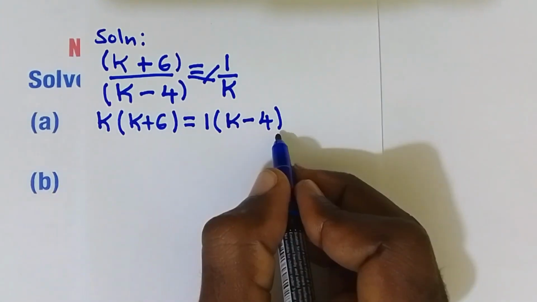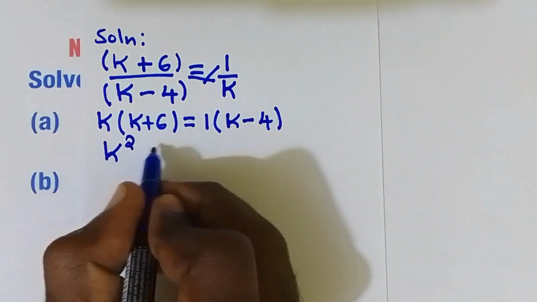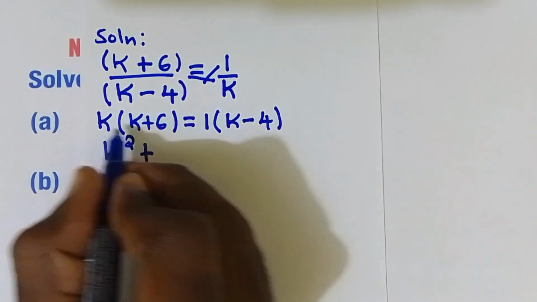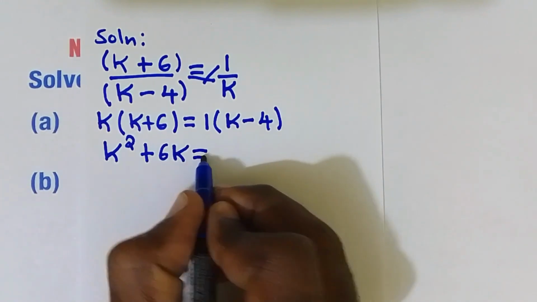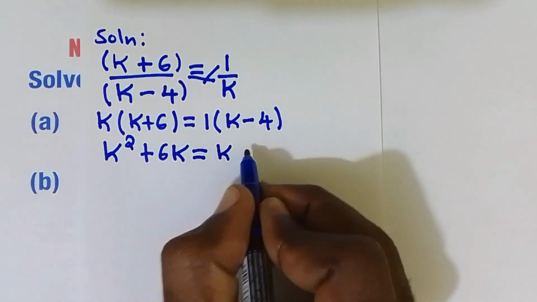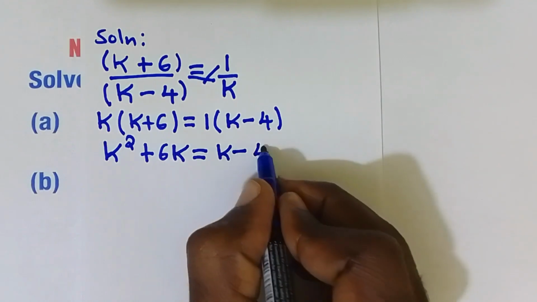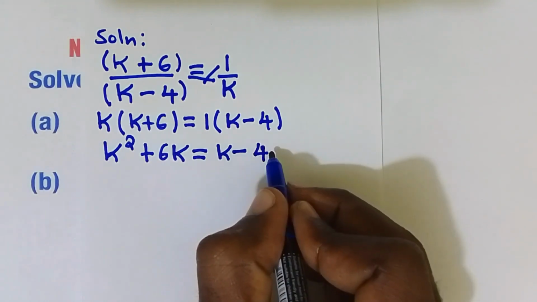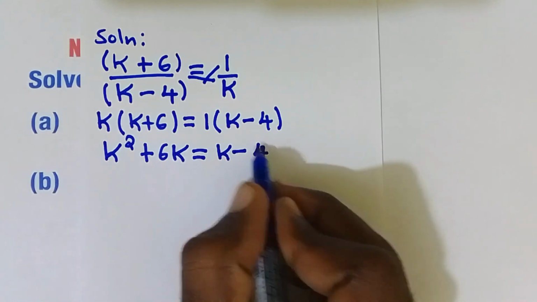Let us open the bracket. That is k multiplied by k, we get k squared, plus 6 multiplied by k, we get 6k. This is equal to 1 multiplied by k, it is k, minus 1 multiplied by 4, it is 4. Let us bring k and minus 4 to the left hand side.